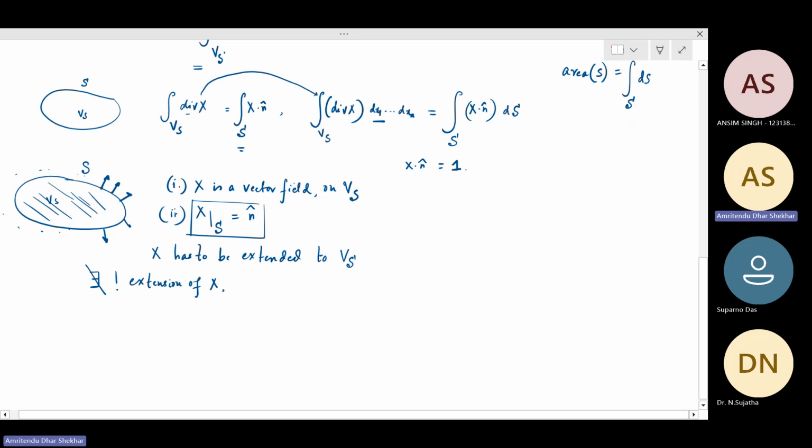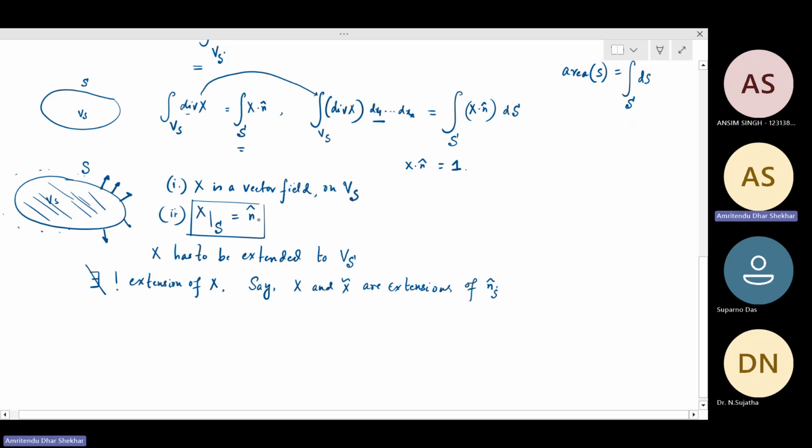However, what the divergence theorem tells you is that however you extend X, so even if you had two extensions of X, so say X and X tilde are extensions of the unit normal vector field NS.